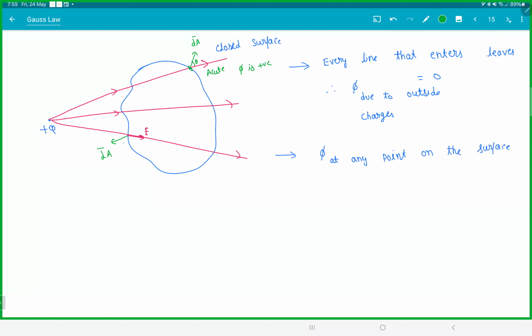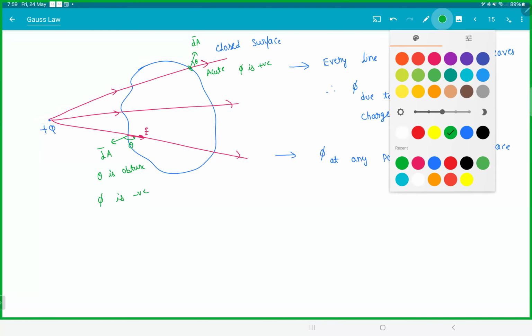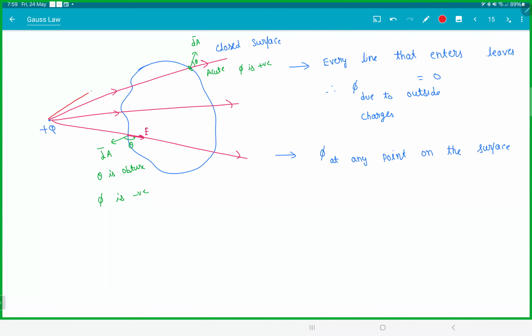Here this angle is obtuse. So basically the lines when they're entering, the flux is negative. The lines when they're leaving, flux is positive. And interestingly, there are a few regions where the field line becomes tangent. Here the area vector will become perpendicular. The flux is zero, isn't it?